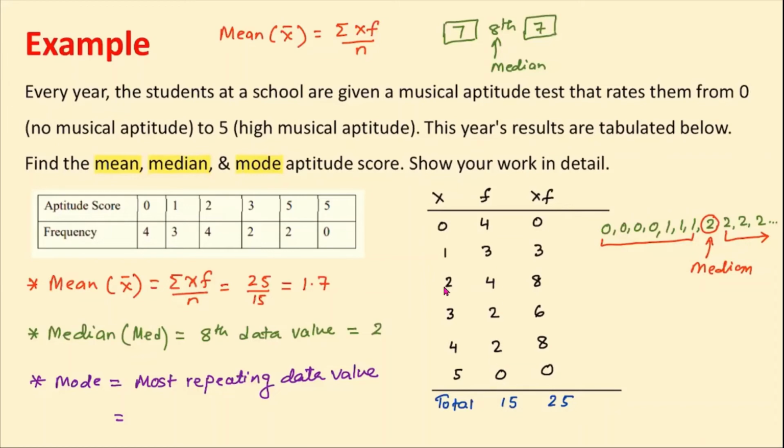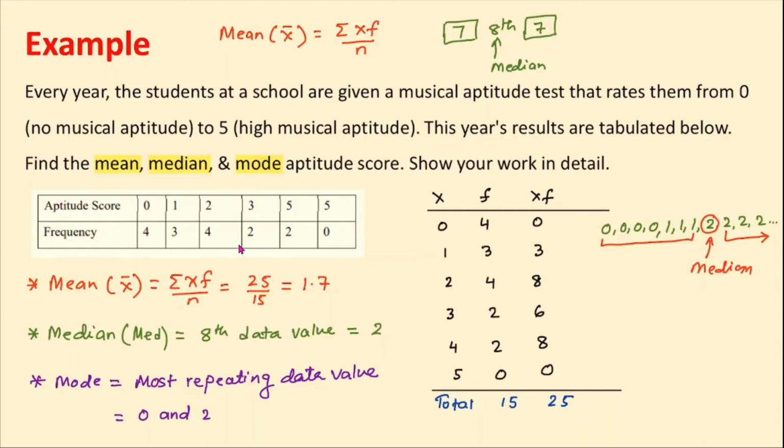You can see 0 repeats 4 times, so 0 repeats the most, and also 2 repeats the most. That means there are 2 modes. The modes are 0 and 2. This data is bimodal because the most frequently occurring data values are 0 and 2.